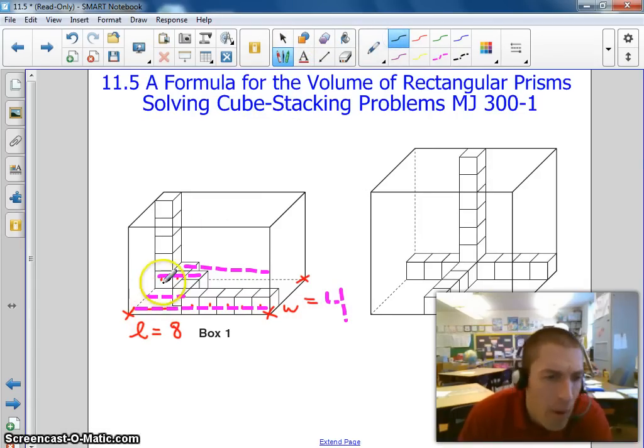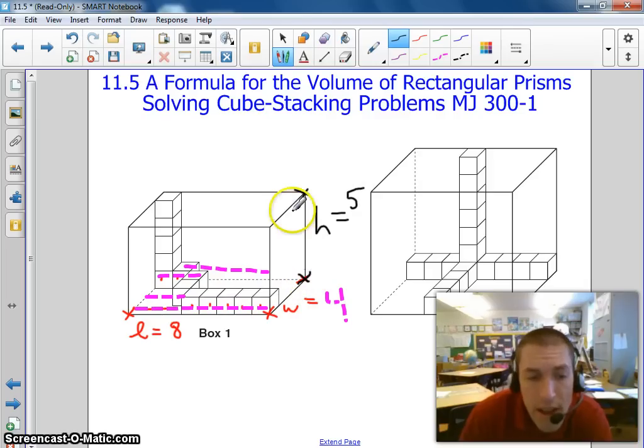And finally, how high is it? Well, we start at the bottom. So I'm looking from here to here. What's my height? And I got 1, 2, 3, 4, 5. So I start by just finding the length here, the width from here to here, and the height from here to here. Okay? Now, knowing my formula for area, what is it?